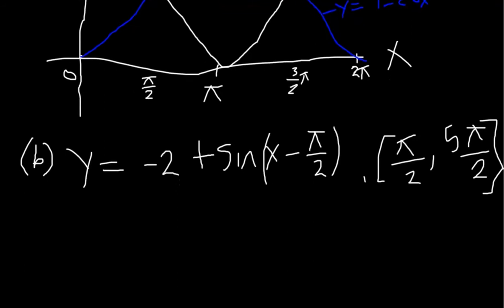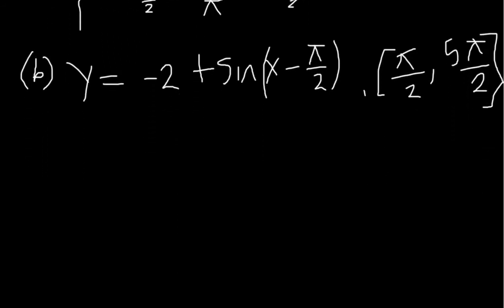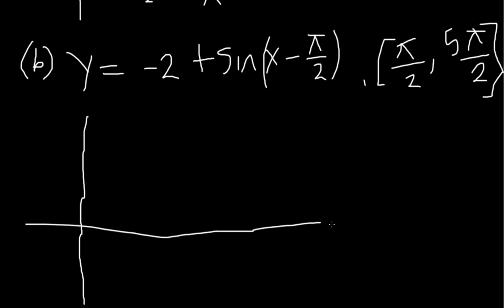So when answering such type of questions, we will first do the sketching of our graph. This is going to be my graph. I'll just make a simple one there.